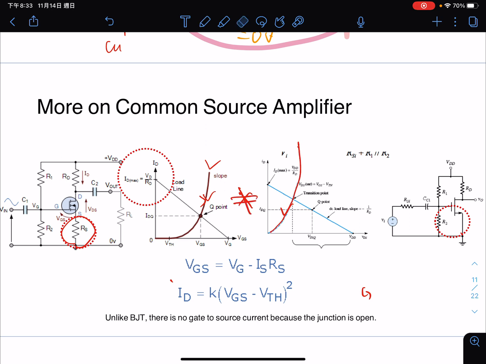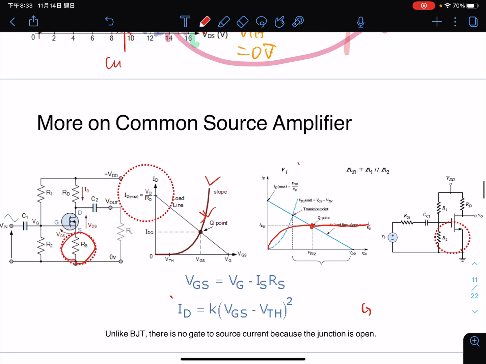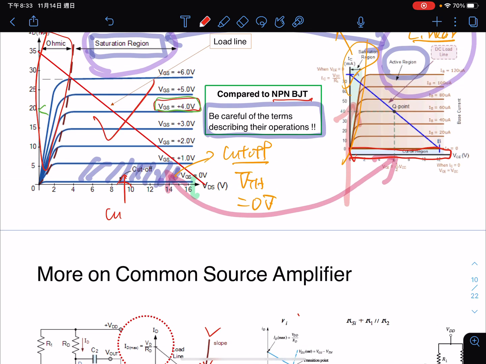So let me draw a curve here, because this is our Q point. So the actual characteristic equation is something like this. Okay, this is similar to the curve here.